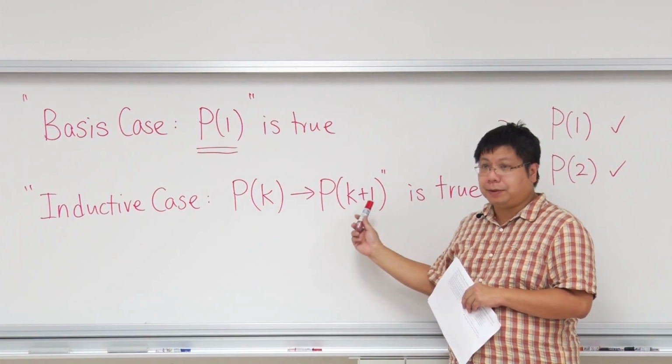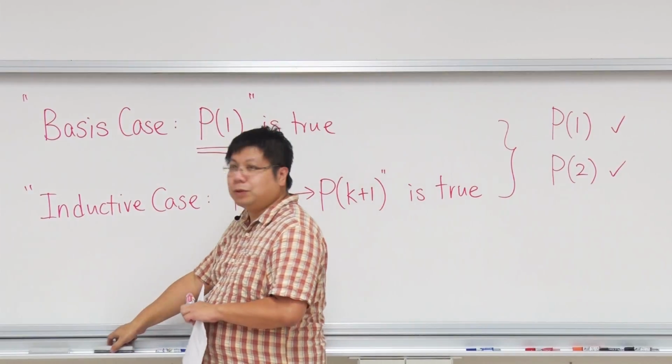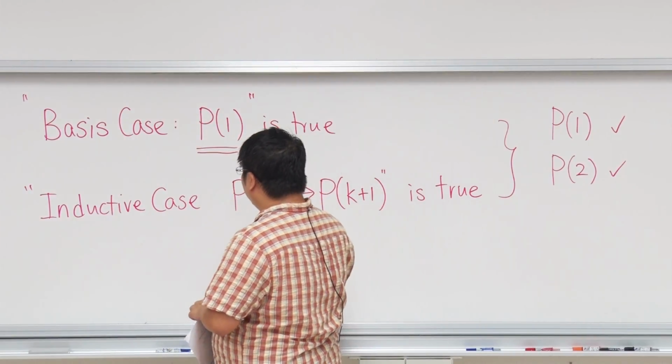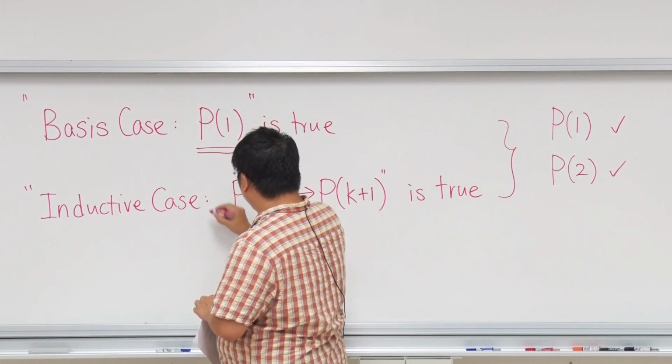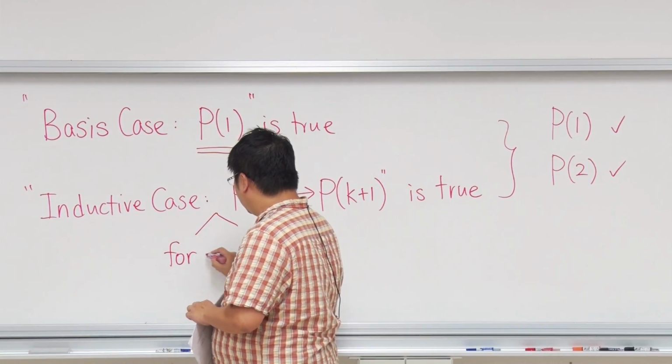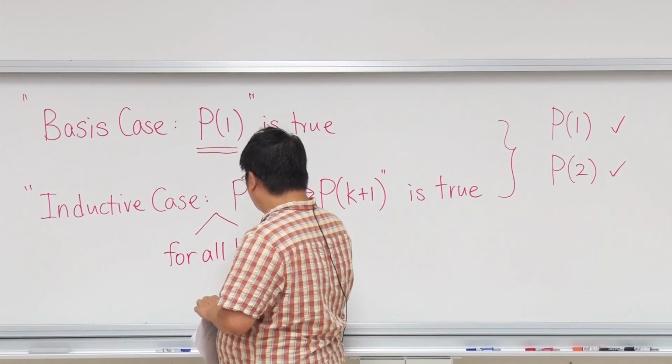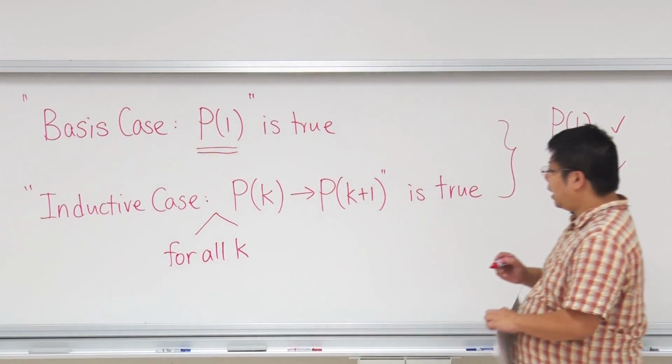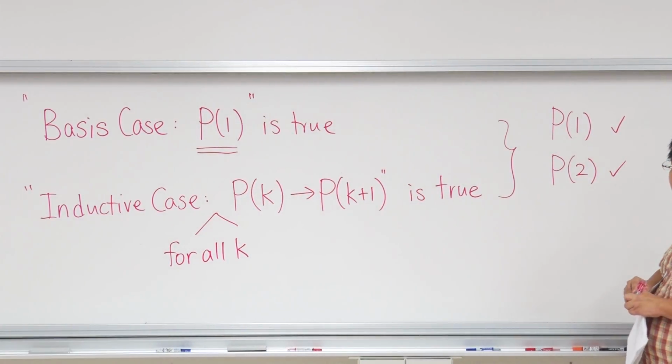Now we have P2, and then we also have P2 implies P3. So actually, for the inductive case, we should specify a little bit more. We actually show that for all k, Pk implies Pk plus 1 is true. So P1 is true, and we also have P1 implies P2.